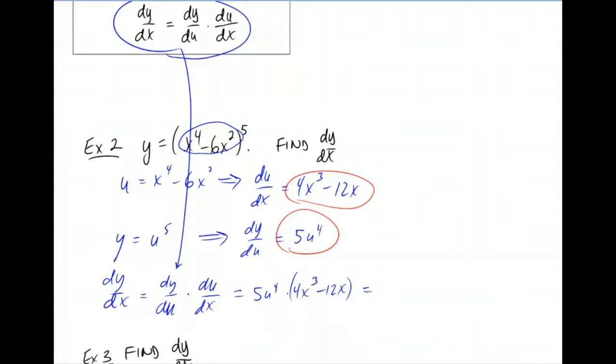So 5u to the 4th, we know that u is equal to x to the 4th minus 6x squared. So replacing u with x to the 4th minus 6x squared, we have 5 times (x to the 4th minus 6x squared) to the 4th times (4x cubed minus 12x).